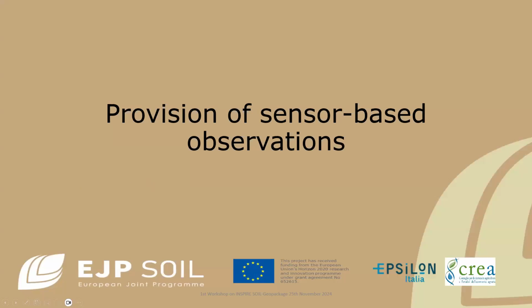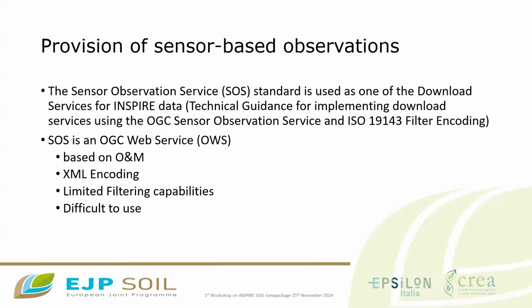When we have sensor-based observation, what do we do? The Sensor Observation Service standard is used as one of the download services for INSPIRE data. There are related technical guidelines.